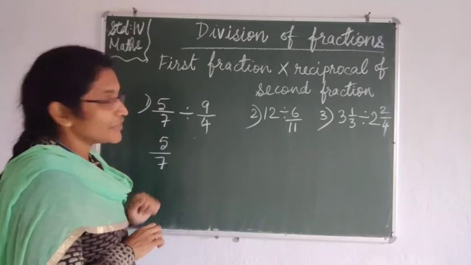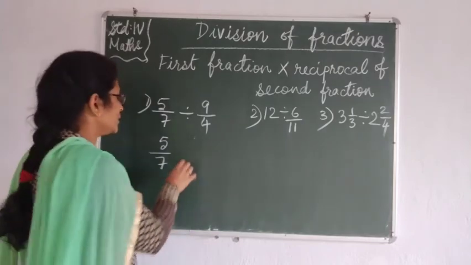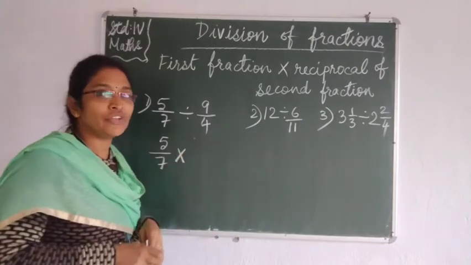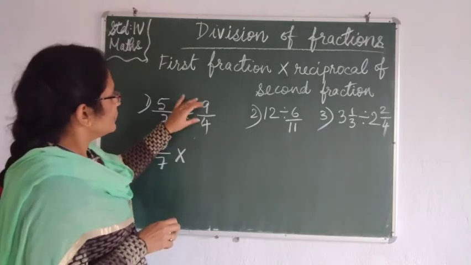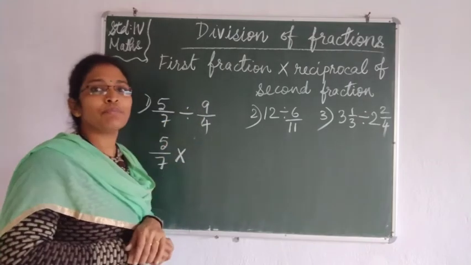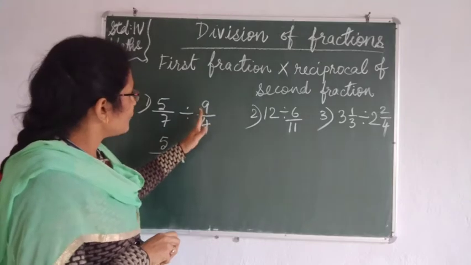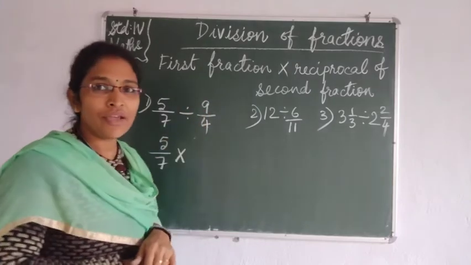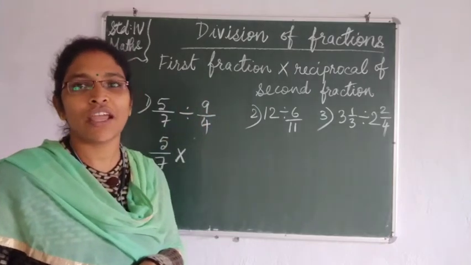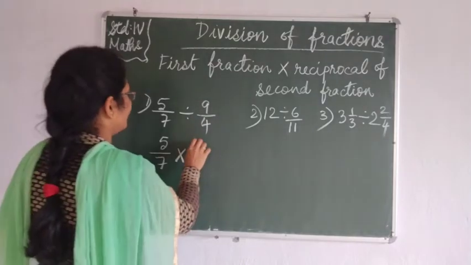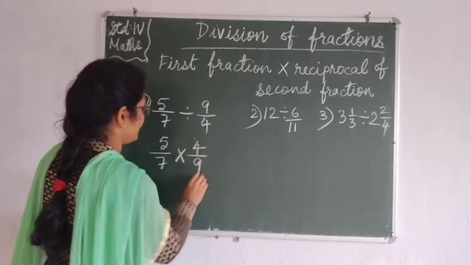Now instead of the division sign we will put the multiplication sign here. Then next we will write the reciprocal of the second fraction, 9 by 4. What is the reciprocal of 9 by 4? That is 4 by 9.